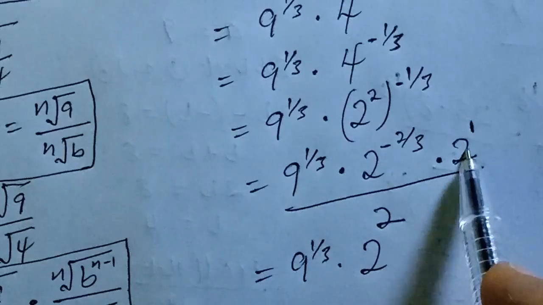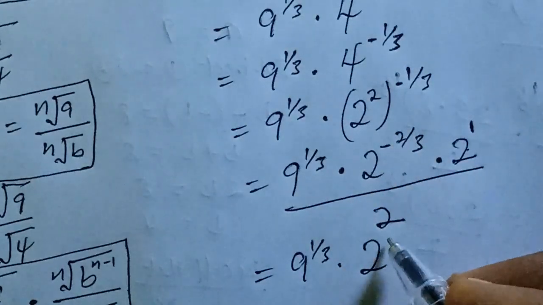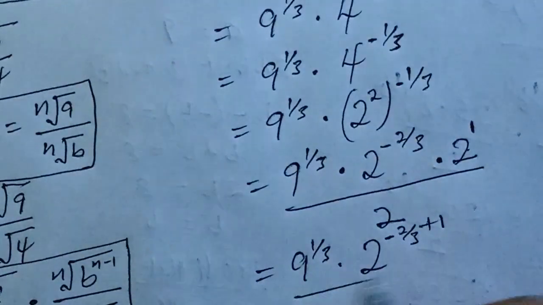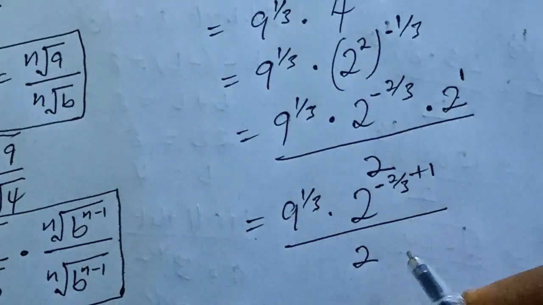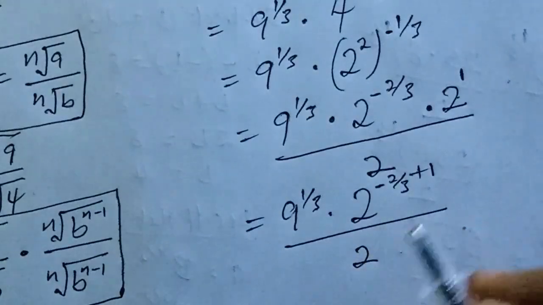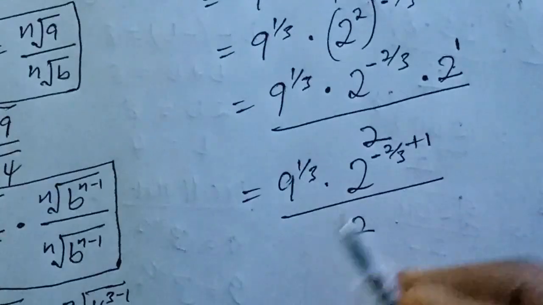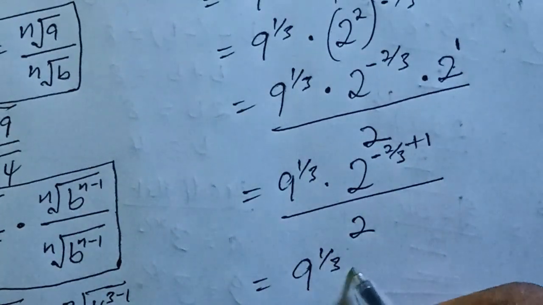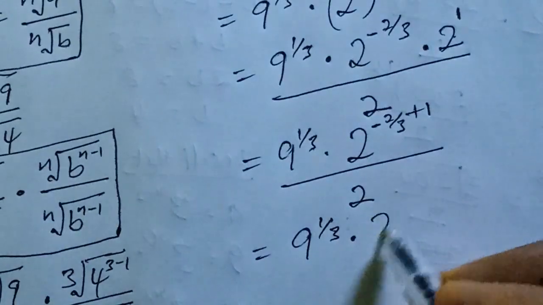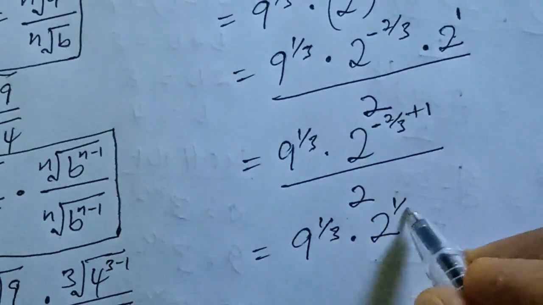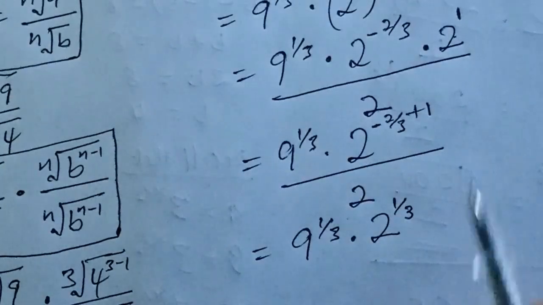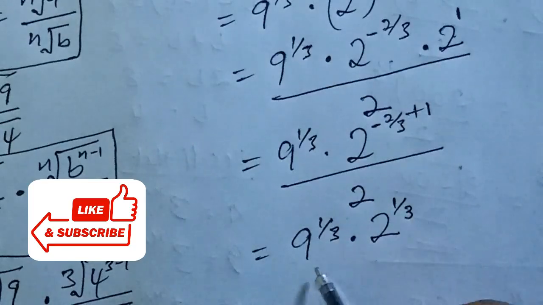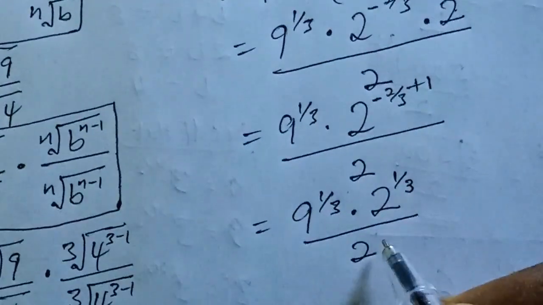These have the same base, so we consider the power: minus 2 over 3 plus 1, all over 2. We simplify this and now have 9 raised to power 1 over 3 multiplied by 2 raised to power 1 over 3, all over 2.